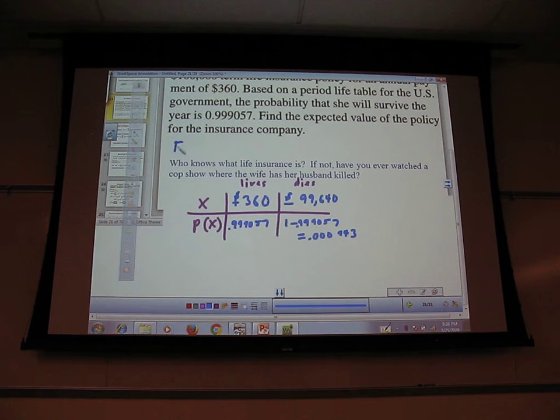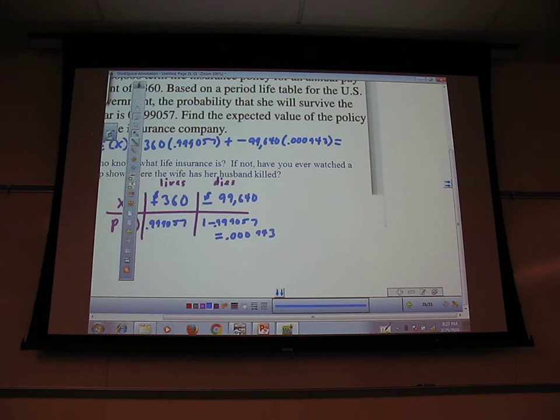Your expected value of x is going to be 360 times 0.999057 plus negative 99,640 times 0.000943, and you will get, what will you guys get? 265.70. Do you all get that, or are you still working on it?